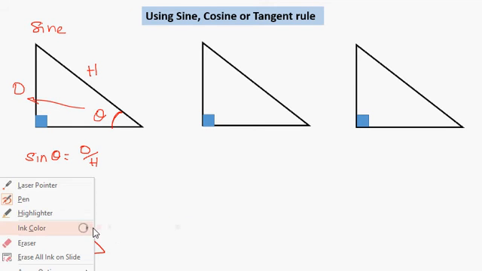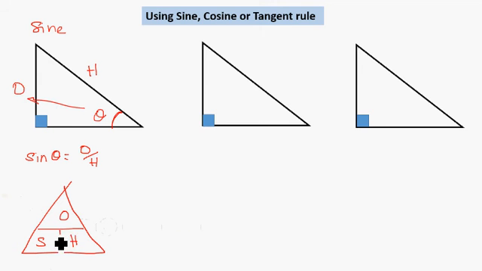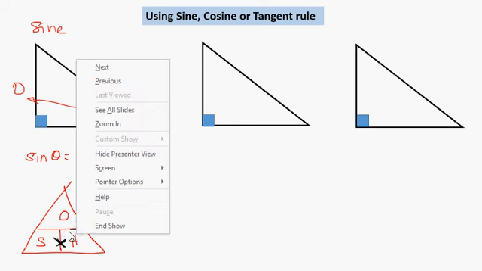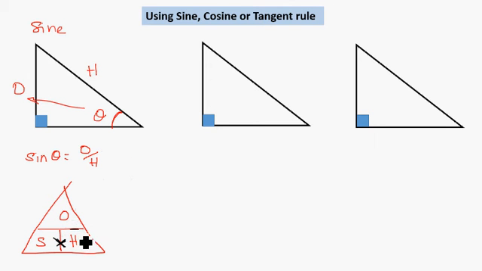Be mindful that when we are looking for the opposite side, we have to multiply the two bottom sides using a triangle, or if I'm looking for the angle, I will have to divide the opposite with the hypotenuse, and if I'm looking for the hypotenuse, I will divide opposite with the sine angle.